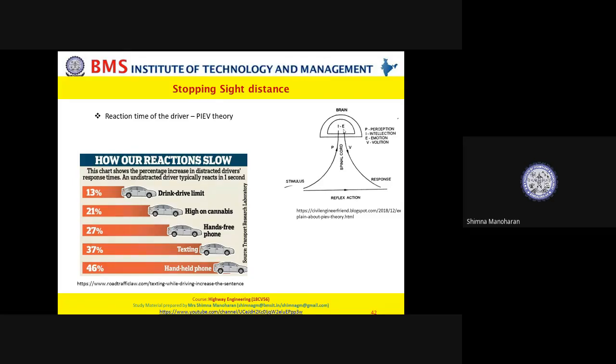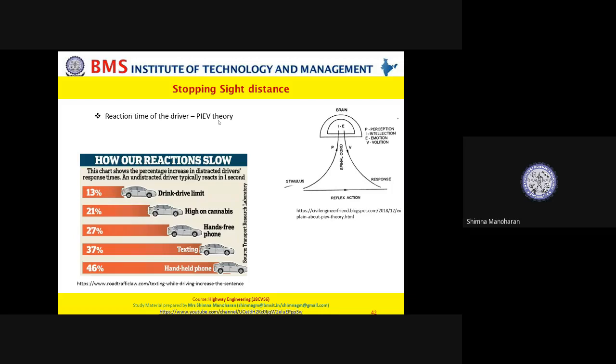So here the emotions come into picture, and then volition time. Here the response of the driver will be there. So combining this perception, intellection, emotion, volition time, that is nothing but the reaction time. During this volition time, the driver thinks that okay, he has to stop or maybe he has to overtake. Usually if there is an obstruction in the middle of the road, the only possibility is stopping the vehicle. So that theory explains the reaction time of the driver.